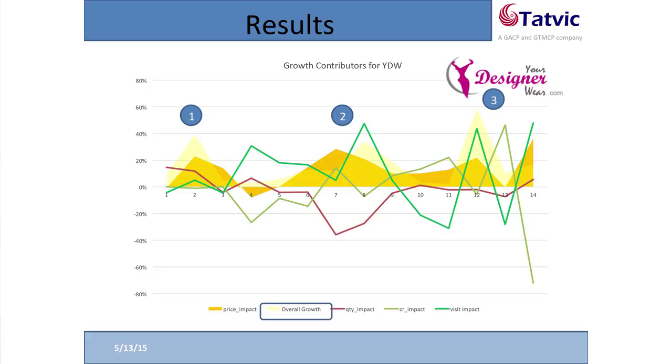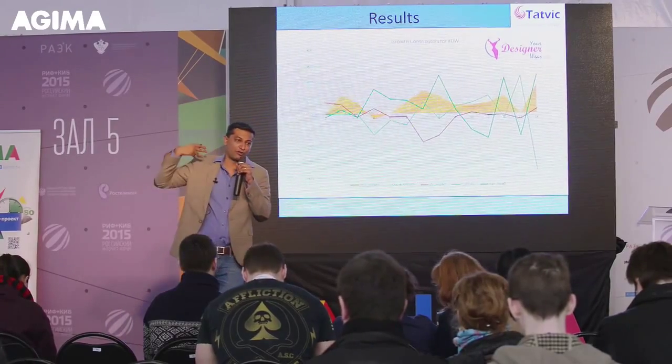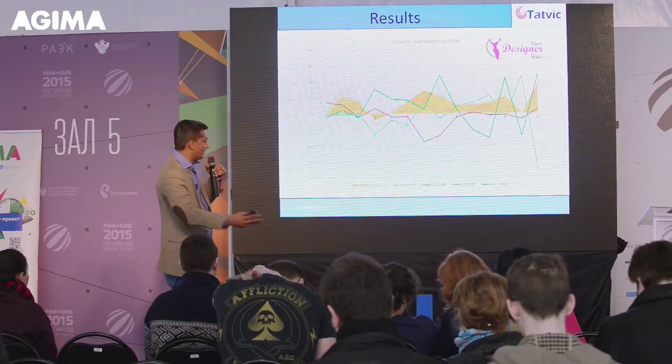I showed you four different drivers: price, quantity, conversion rate, and visits. From those four, we calculated that if we grew by 30%, what was the contribution of price, quantity, conversion rate and visits to this growth.